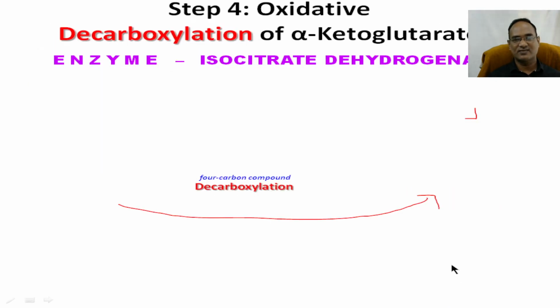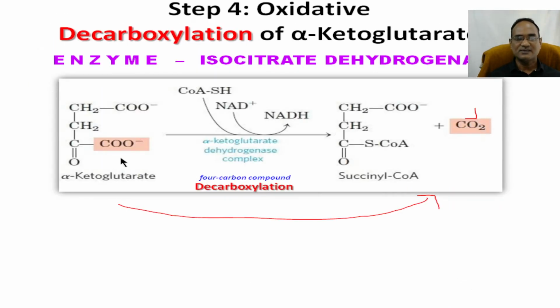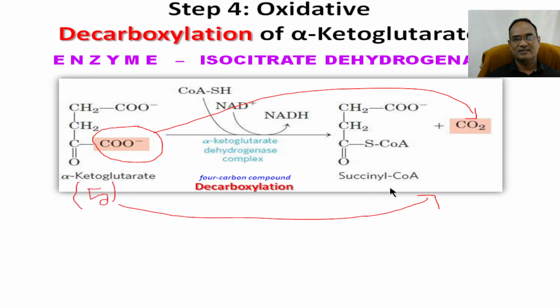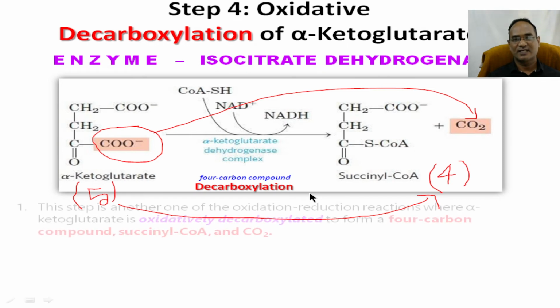And the fourth stage is very simple. Again it is decarboxylation. Here you can see the word decarboxylation. We are going to remove one carbon dioxide from ketoglutarate, and this will be converted into succinyl CoA. So a 5 carbon molecule becomes a 4 carbon molecule again.